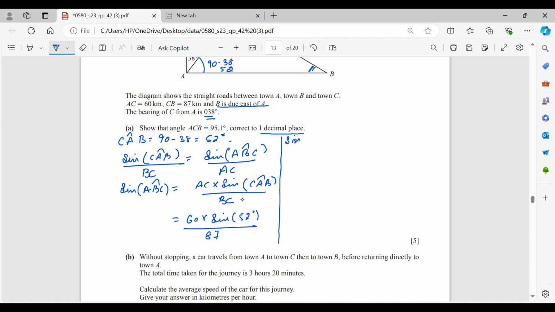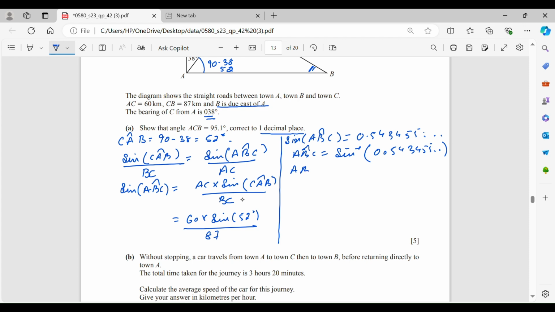Now sine ABC will be equal to, we will use the calculator, 0.543455, something like that. So ABC will be equal to sine inverse of 0.543455, right?